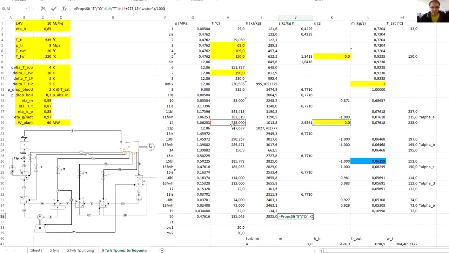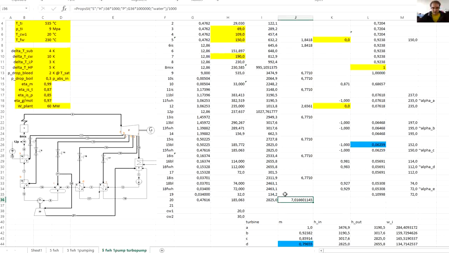So at point number 20, we will want the entropy to be a function of pressure, so pressure times 1 million, and of enthalpy, so here H, and the enthalpy times 1000. So here we have the turbine inlet entropy.